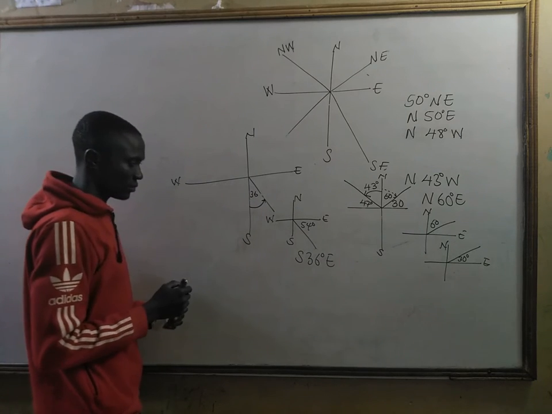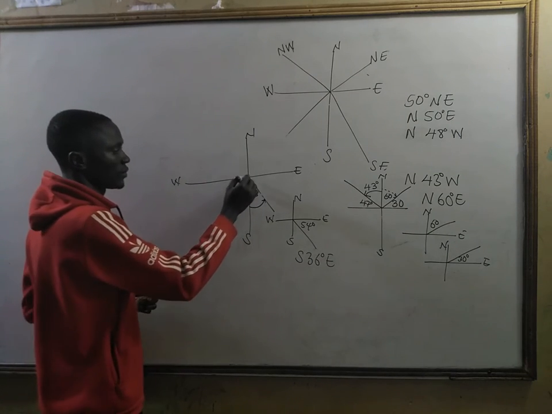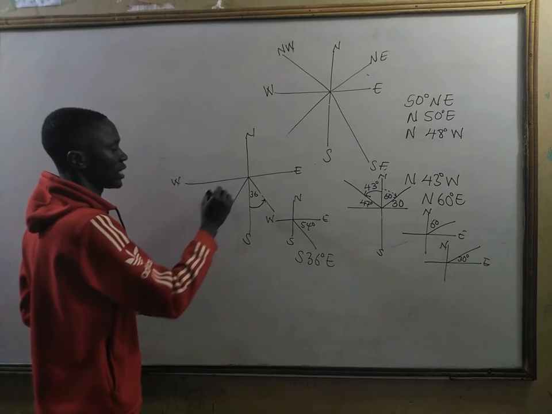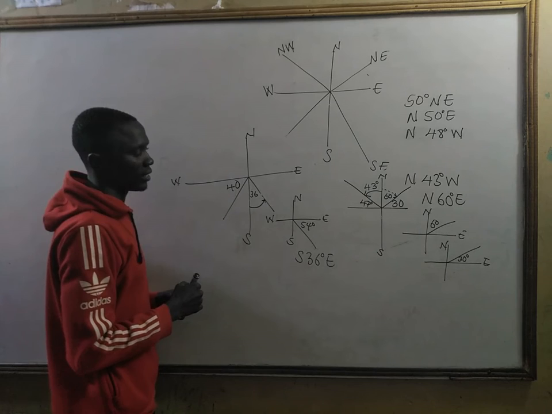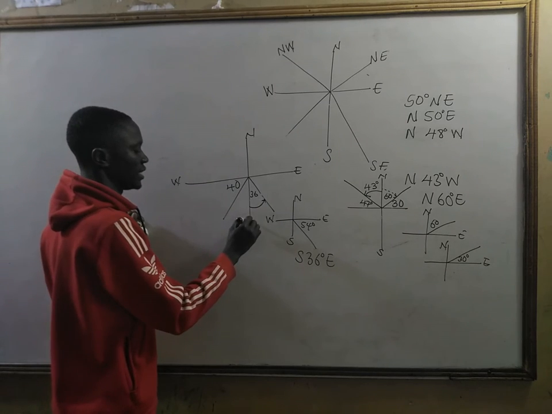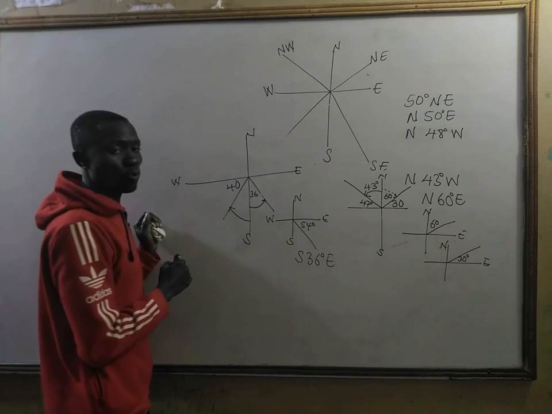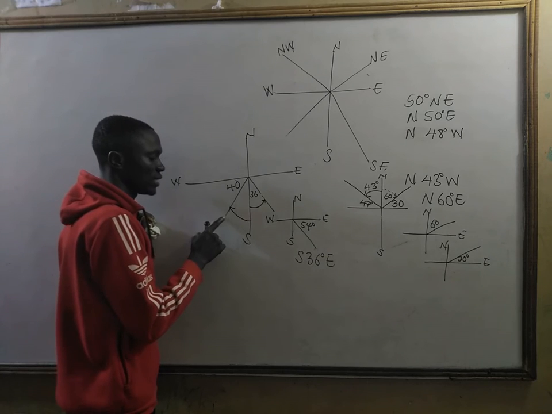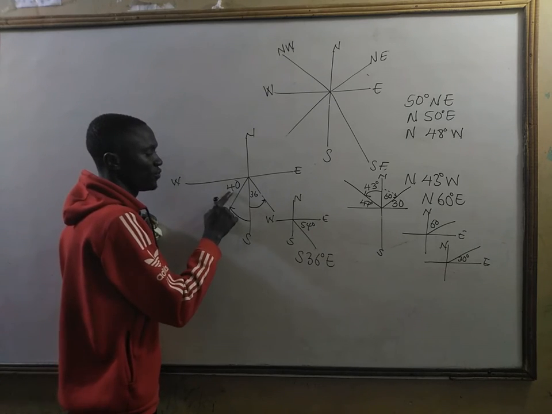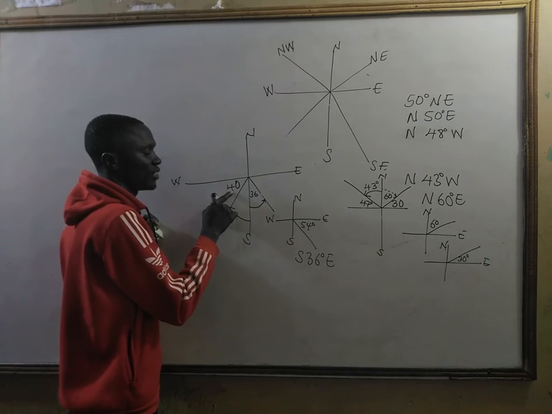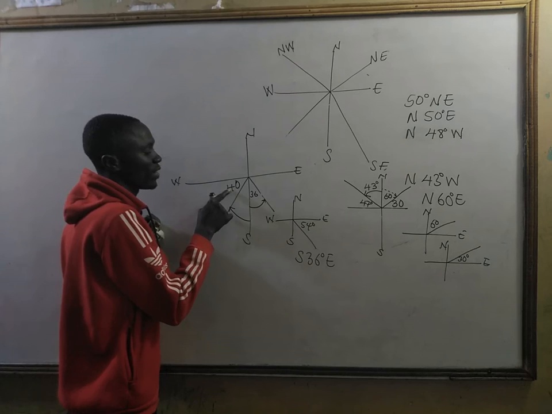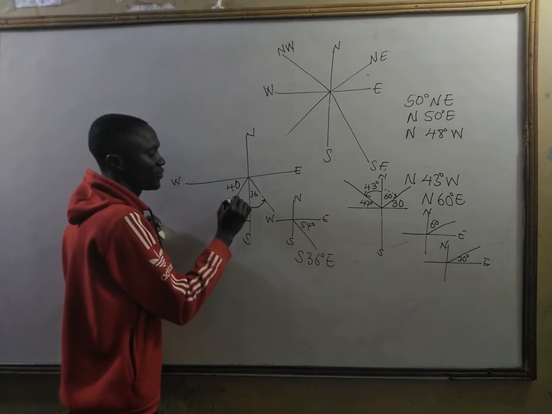Let's go to this part. Let's assume that I put 40 here. Then in compass bearing I just need south something degrees west. 40 plus this angle will give me 90, so if I take 40 from 90, I'm left with 50.